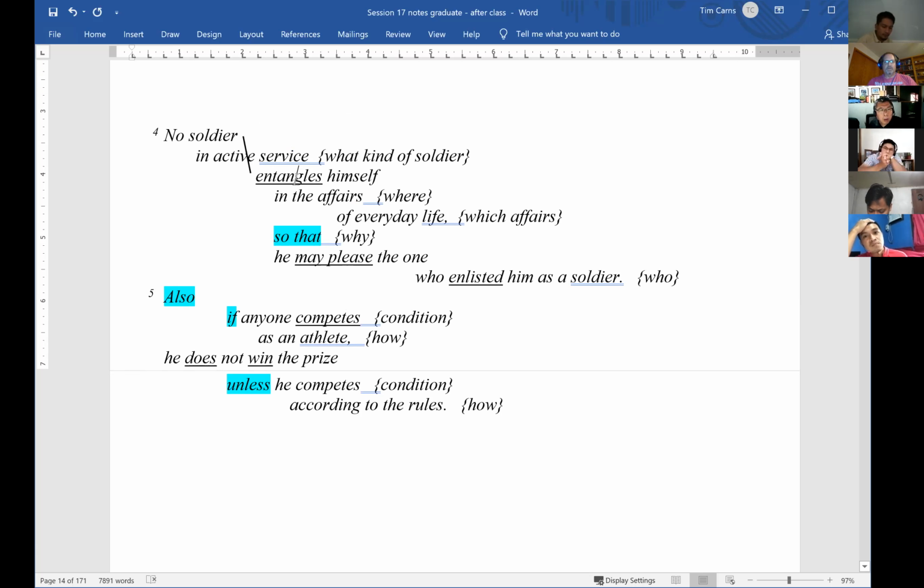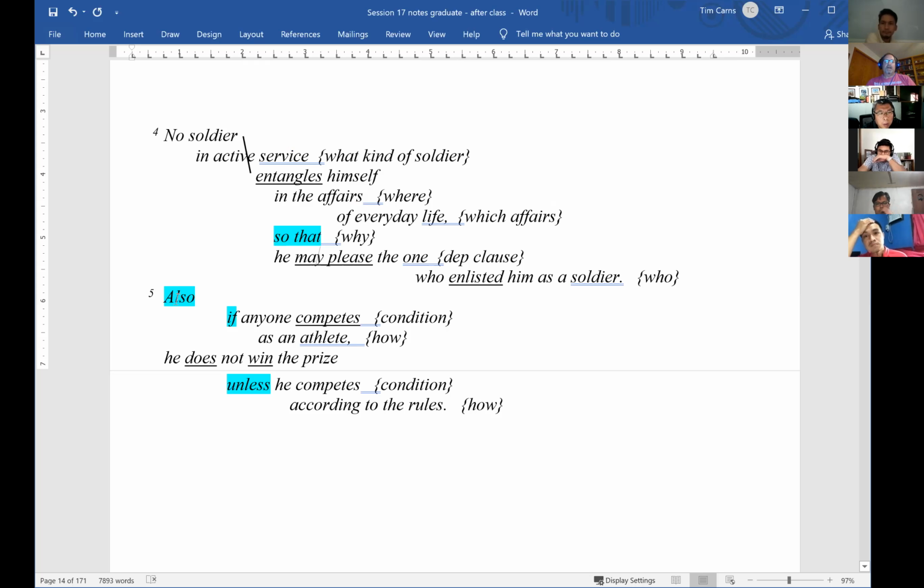No soldier entangles himself. Then there's my conjunction, "so that," and I know it's subordinating because "he may please the one" is a dependent clause. How do I know it's dependent? Because it's introduced by a subordinating conjunction, so that tells me it's modifying something above it. And here I think it's telling us why no soldier entangles himself. Why? So that he may please the one who enlisted him.